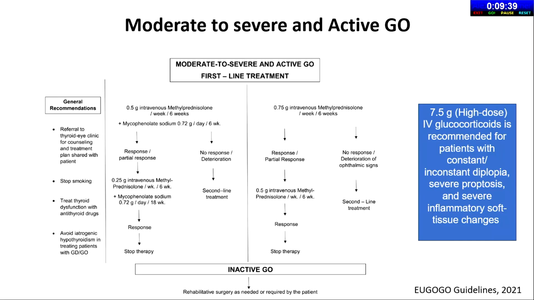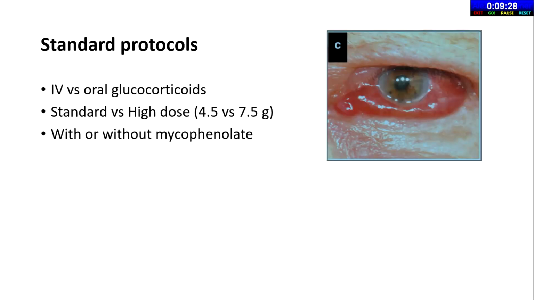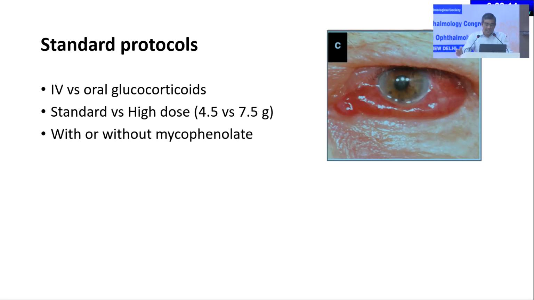So this is a flow chart from the EUGOGO guidelines, which says that intravenous methylprednisolone is the standard of care. What we need to know regarding that steroid path is whether we want to give IV steroids, whether we prefer oral glucocorticoids, what the regimen should be, whether it's a 4.5 gram versus a high dose 7.5 gram regimen, or whether it has to be given singly or combined with mycophenolate.